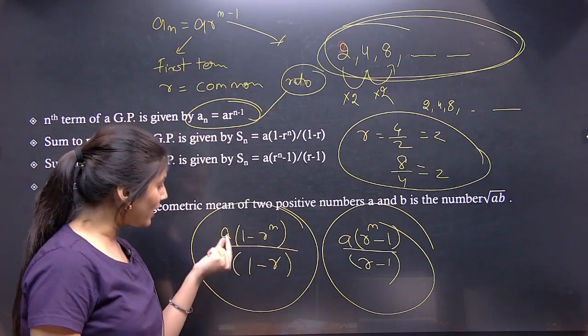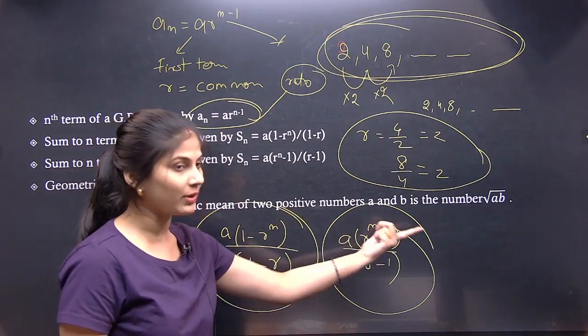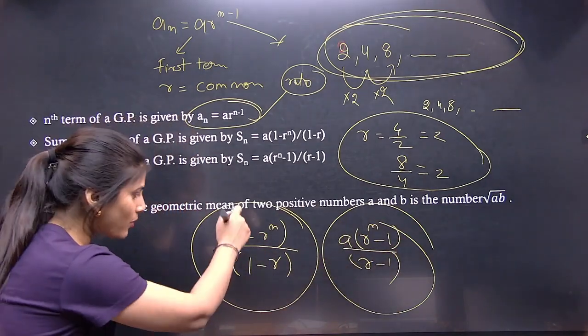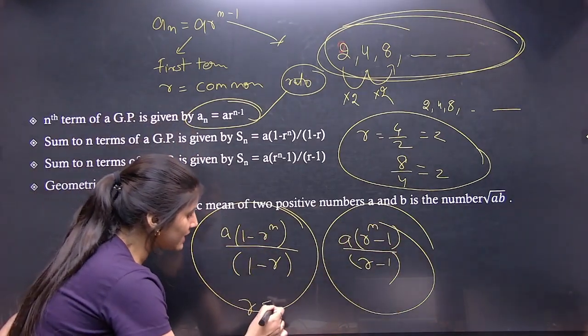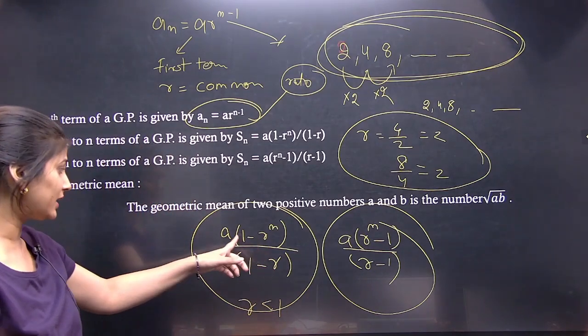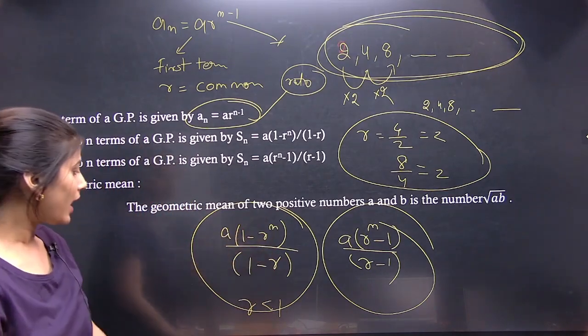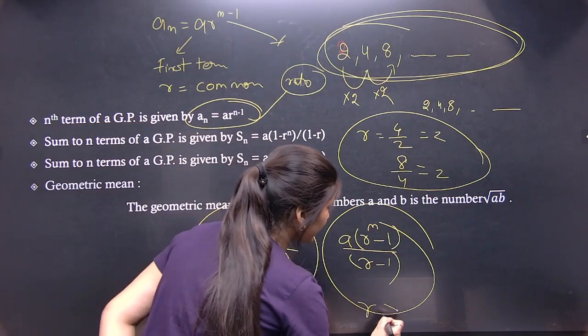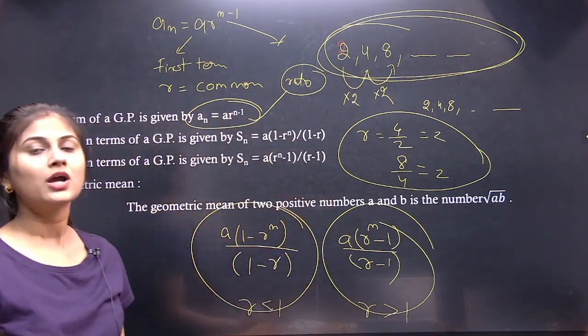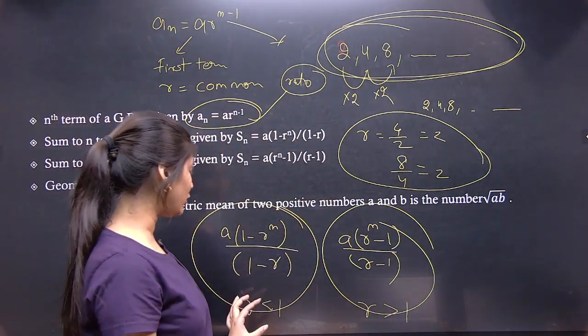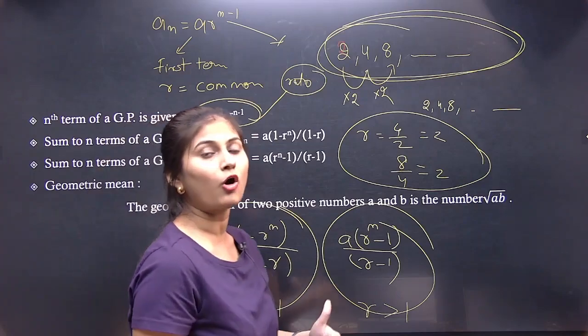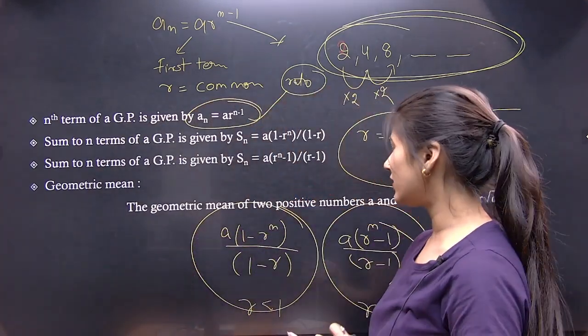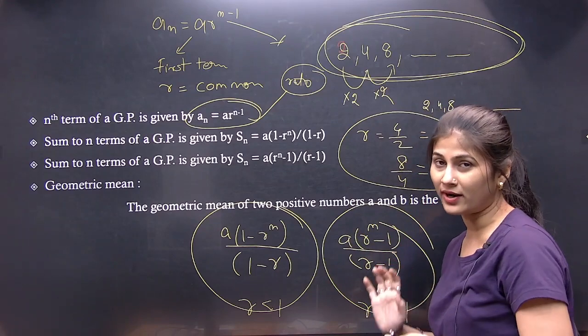Because here it is 1 - r^n and here it is r^n - 1. This formula is applied when r is less than 1, since we are subtracting r from 1, and this is used when r is greater than 1. So it depends on whether the value of r is greater than 1 or less than 1, and then we can decide which formula we are going to take.